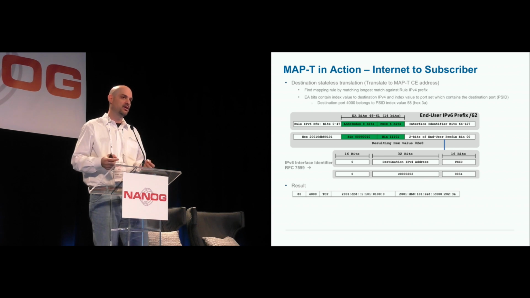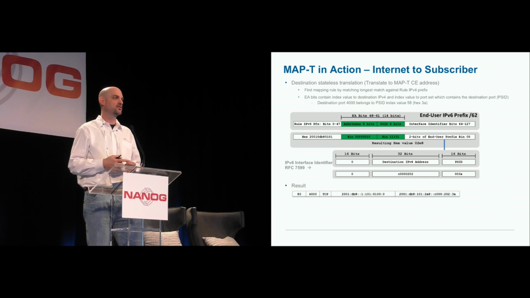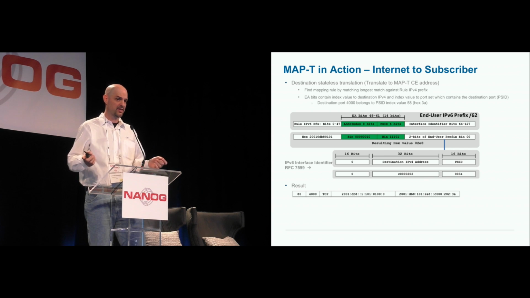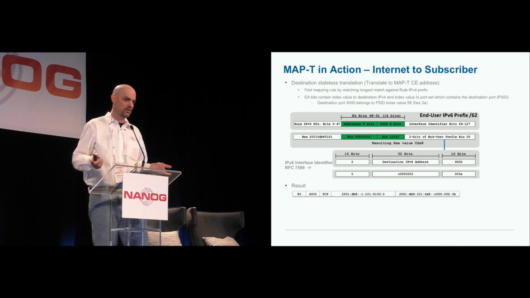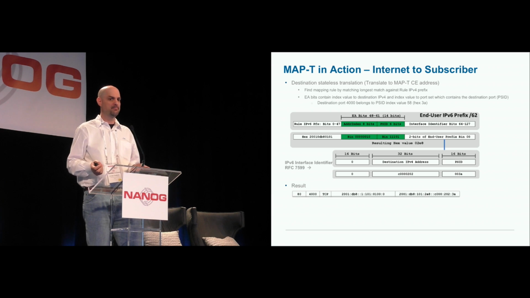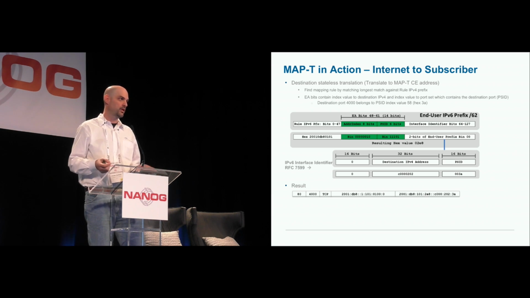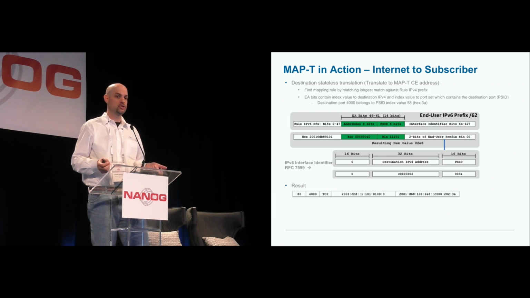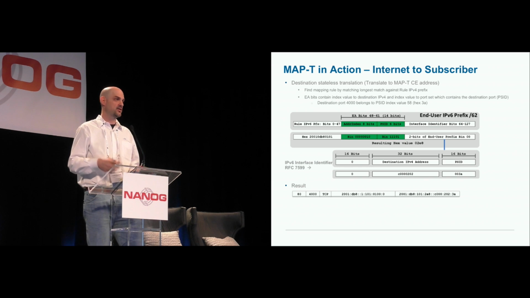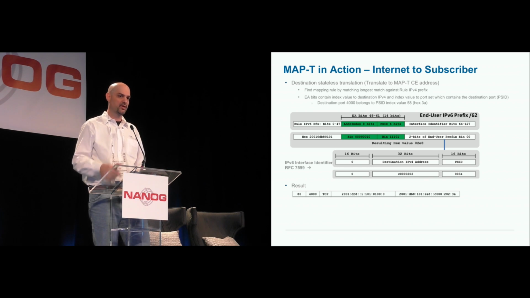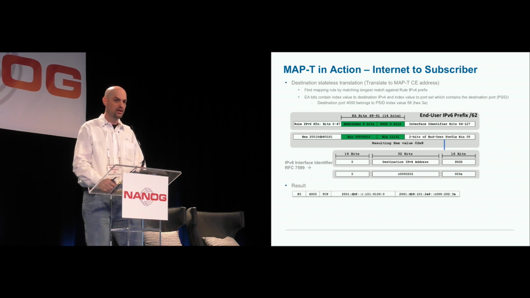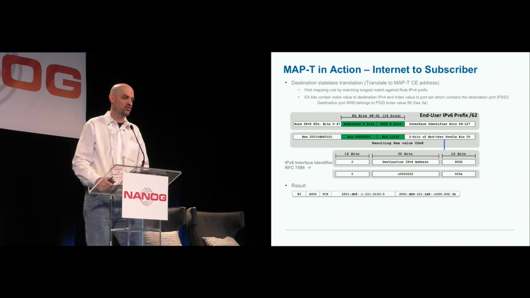Why do we know that? Well, in our particular case, the rule IPv4 prefix is a /24. In a /24, all the unique addresses can be represented by 8 bits. In our case, it's 192.0.2.2, so it's index value 2 for that IP address. We populate those bits within the EA bits, and we move on to the port set identifier section of the EA bits.